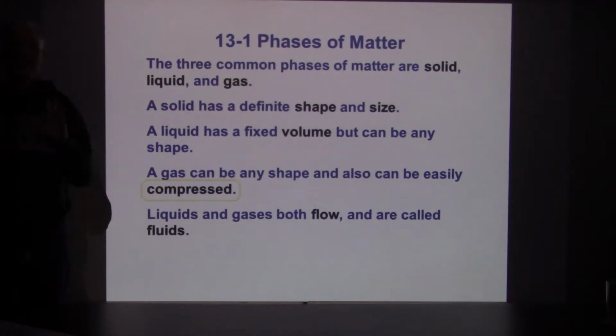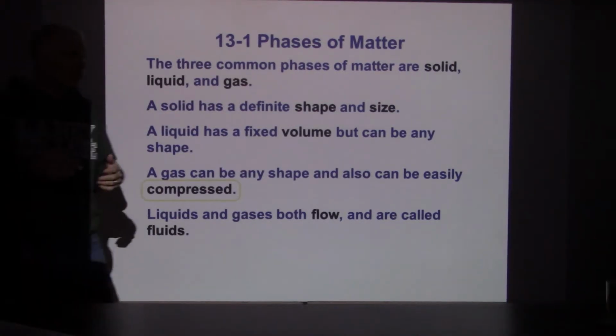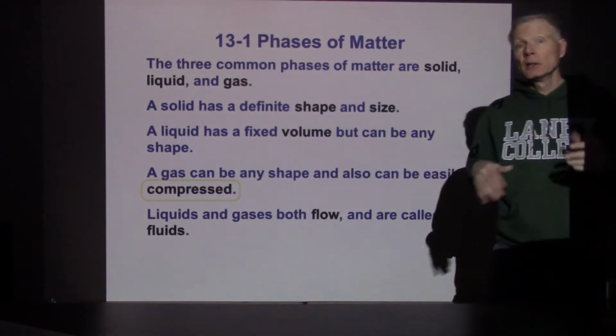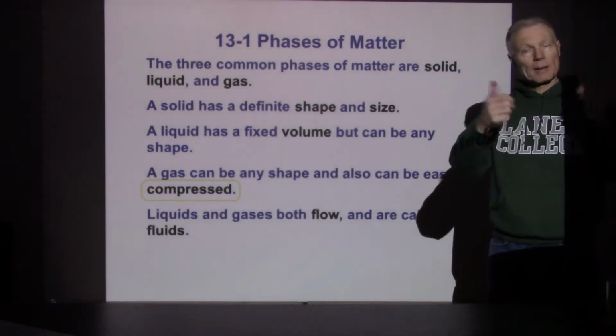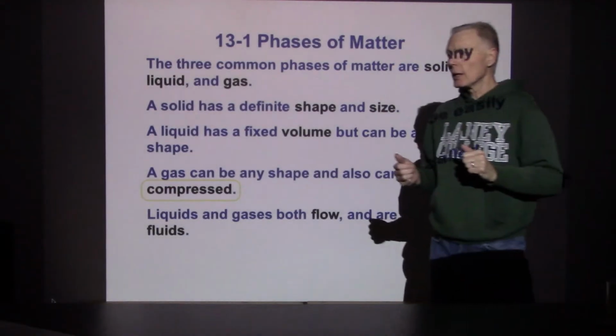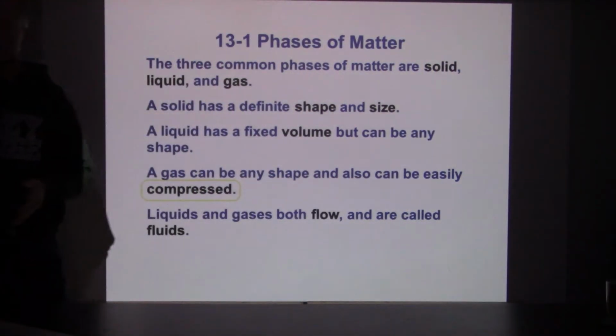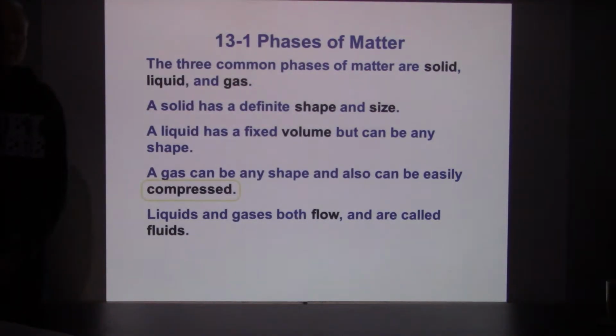So liquids tend to maintain their volume even as we move them, say, from one container to another. If I take some water and I put it in a container and then I pour it into another container, the container has a different shape to it. But when I go in and figure out how much volume it's taking up in each of these containers, it's basically the same.